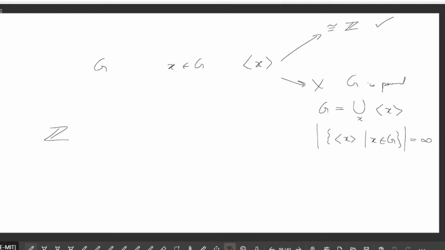If you have only countably many cyclic subgroups, that union will be countable, so it cannot be the whole thing. The same argument, but using countable versus uncountable rather than finite versus infinite. So the same thing works for part D. It says that an uncountable group must have uncountably many subgroups. Part D. Yes.